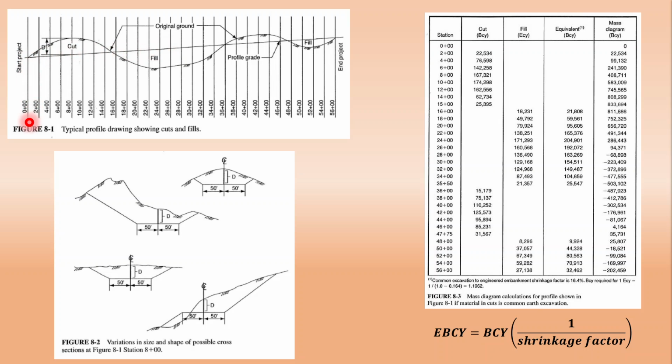And this roadway is identified by stationing, right? So here they're showing every 2 stations, and at each of those stations, right, you can take a slice through the earth, just like we did last week, and create a cross section. And that's what we see down here in the bottom left-hand picture, are example cross sections for various portions along this job. Right, your cross section could be like showing up here, all cut.